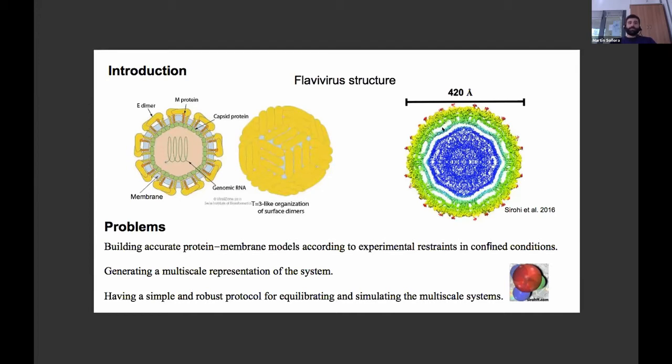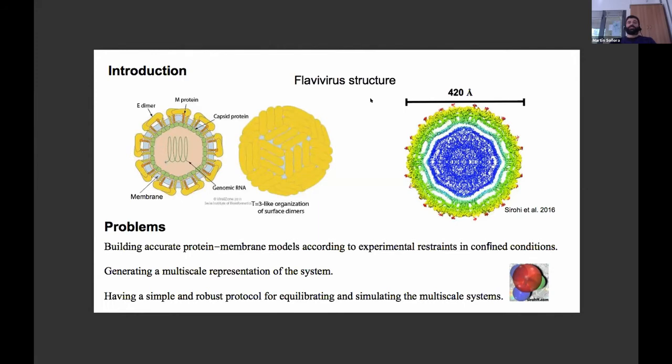And as you know, computationally speaking, the membrane packaging problem is an NP-hard problem. So in this regard, we identify three main problems for the multiscale modeling of this kind of system. First, building accurate protein-membrane models according to experimental restraints in confined conditions. Second, generating a multiscale representation of the system.